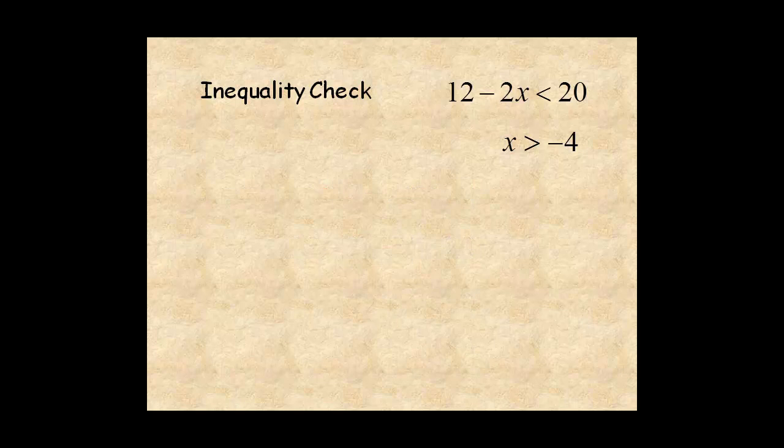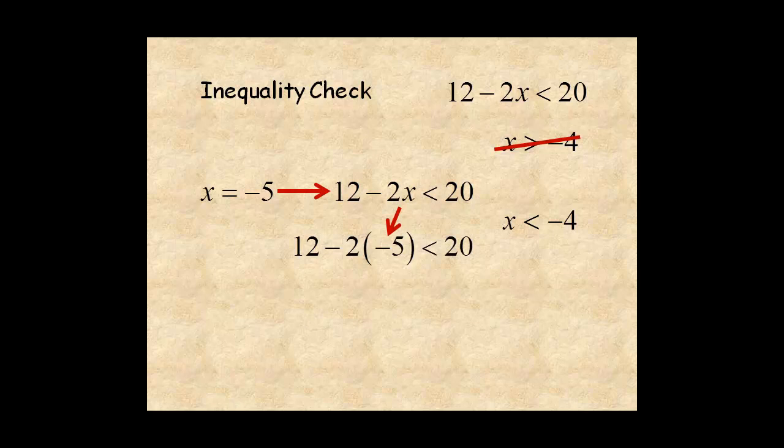Notice that if you had not switched the inequality and instead checked with a value less than -4, like -5, when you substitute into the inequality, you would get 12 minus 2 times -5, which is 12 plus 10, which is 22.